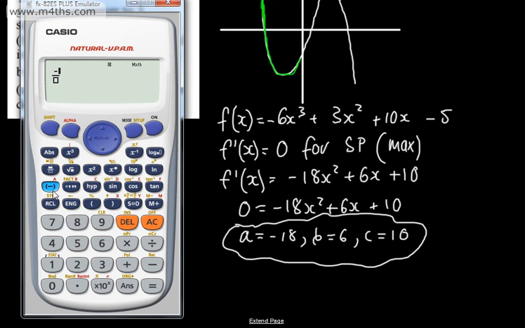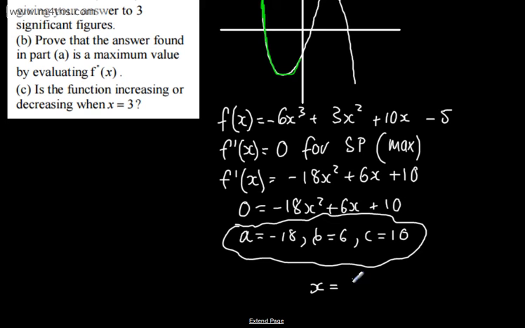So what we'll have then is negative 6 plus or minus the square root of 6 squared, which is 36, minus 4 times a, which is negative 18, multiplied by c, which is 10, and we put all of that over 2 lots of a, which is negative 36. So we can see on here that x is going to be equal to 1 plus or minus root 21 over 6.